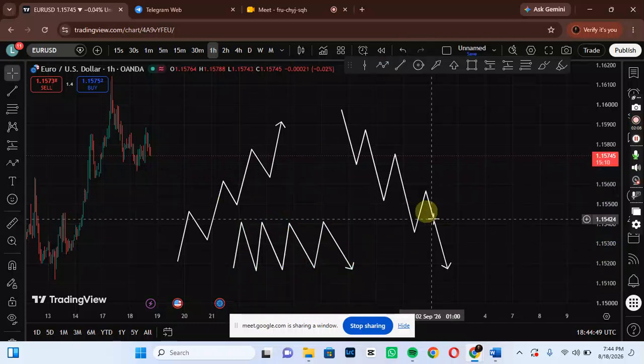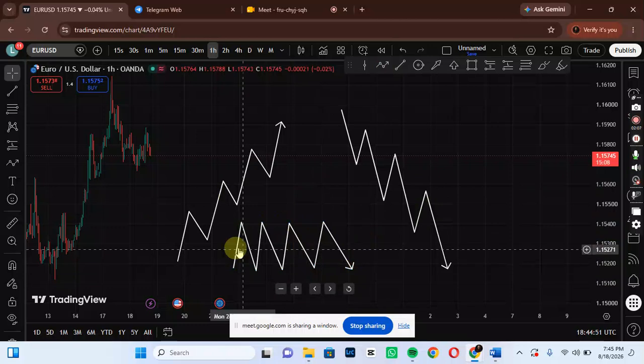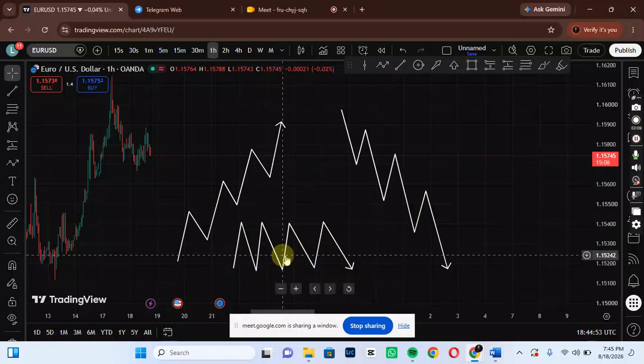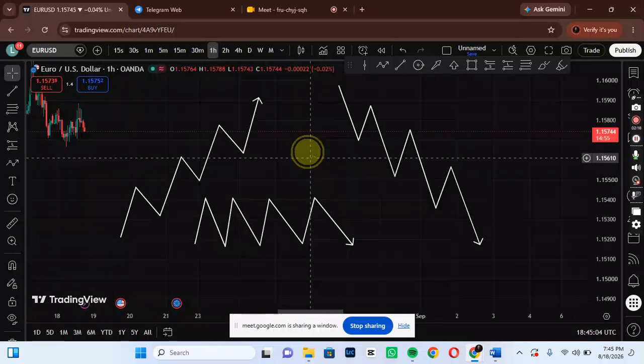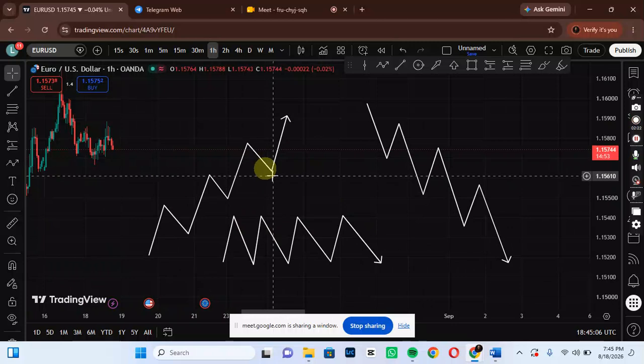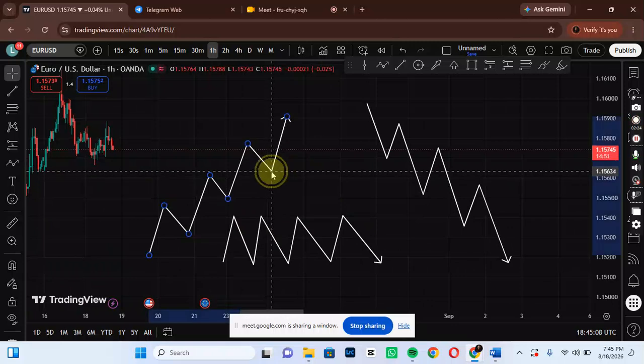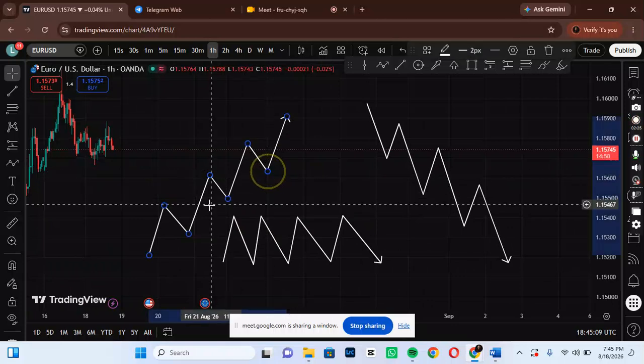So this is called an uptrend, this is called a downtrend, and this is called a ranging market. You can call this one a ranging market, or a choppy market, or a consolidation market.